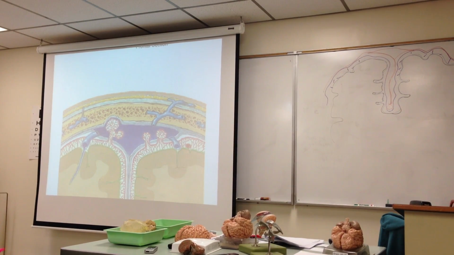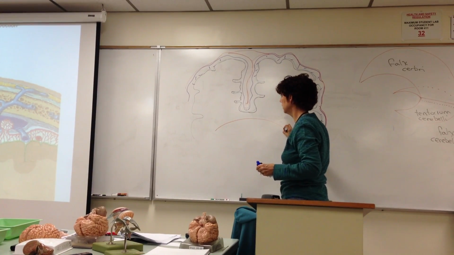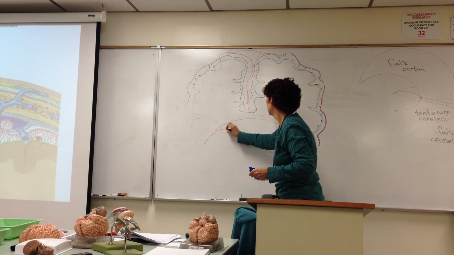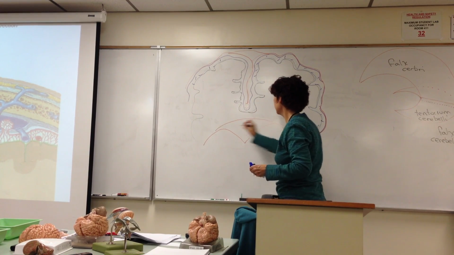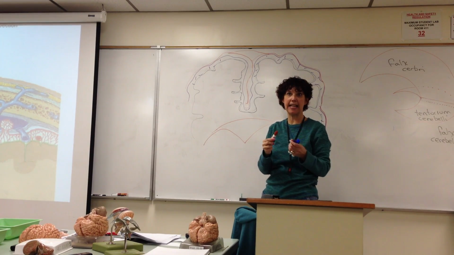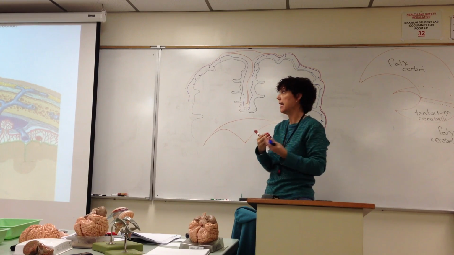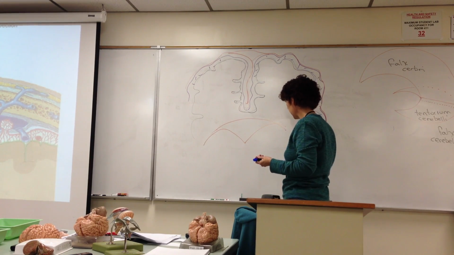So, I'm going to draw it actually right here. Here's the outer layer of the dura mater. Here is the split. And that creates a dural venous sinus. It's not really a blood vessel because it doesn't have smooth muscle. It's not lined with simple squamous epithelium.